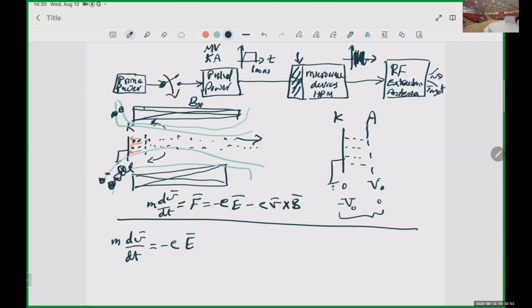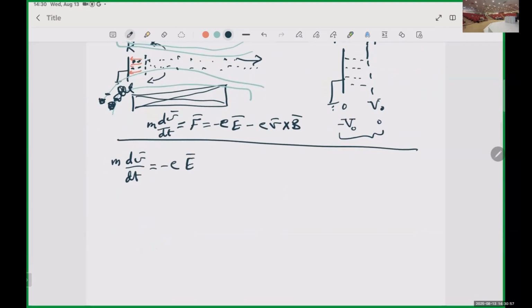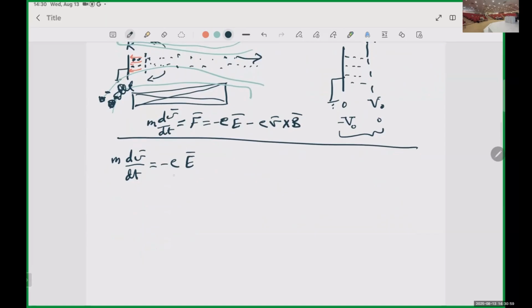So combining the Lorentz force with Newton's law, and if you have only the electric field external from the pulse, you're going to end up with electrons emitting from the cathode to the anode here. And these electrons will suffer from Coulomb's force, right?